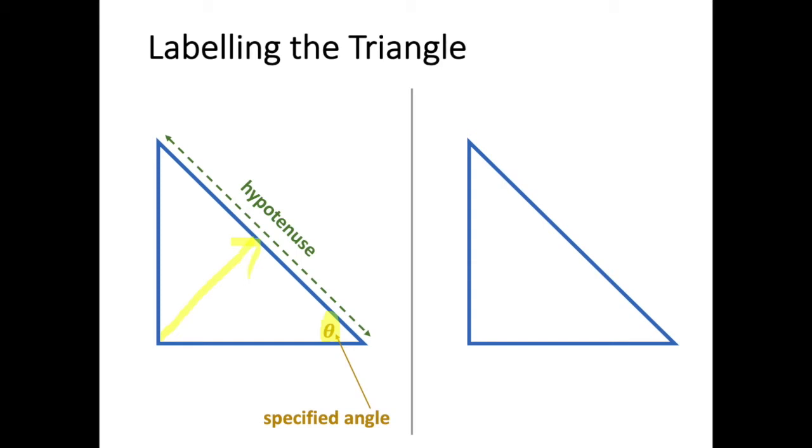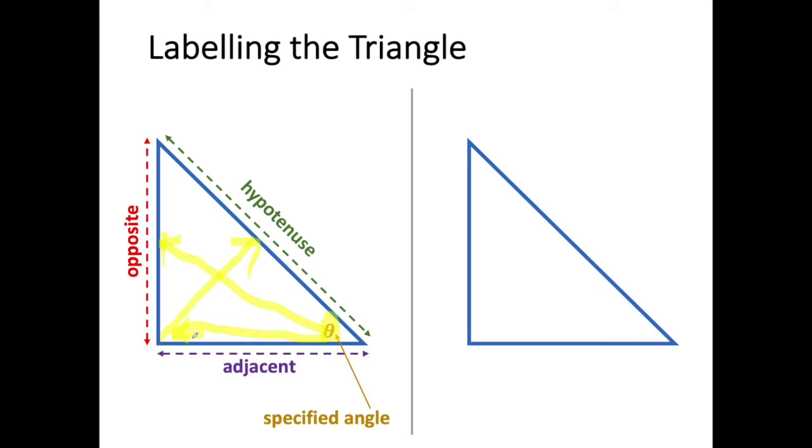We look at the angle and then we look at the line that is opposite. Starting at the specified angle, the side of the triangle that is opposite is the opposite side, and we label it opposite for our trigonometry. Then the line that is next to the specified angle, so it runs adjacent to it, is going to be the adjacent side.